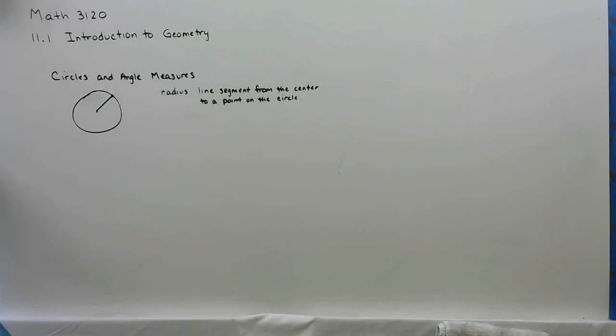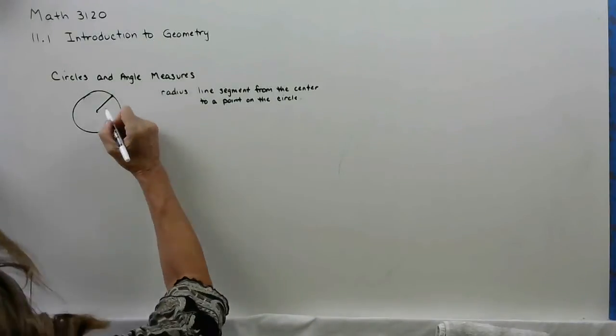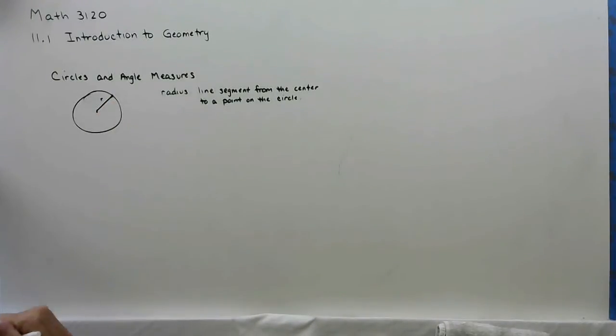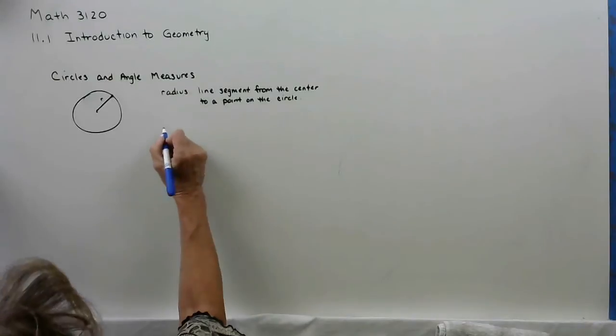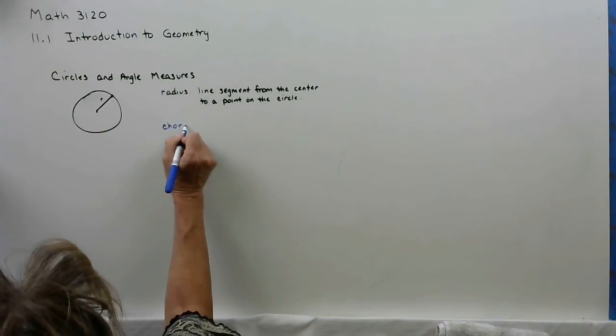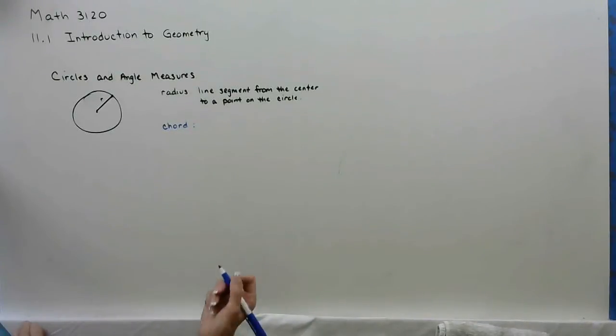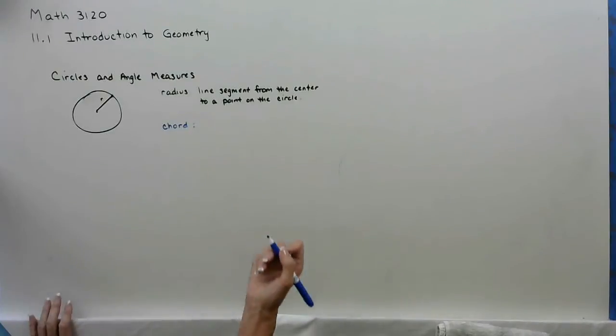And then I'm going to probably color code a little bit. We have what's called a chord. I guess I should label radius first of all. There's the radius. We have what's called a chord. And it's a line segment connecting any 2 points on the circle.